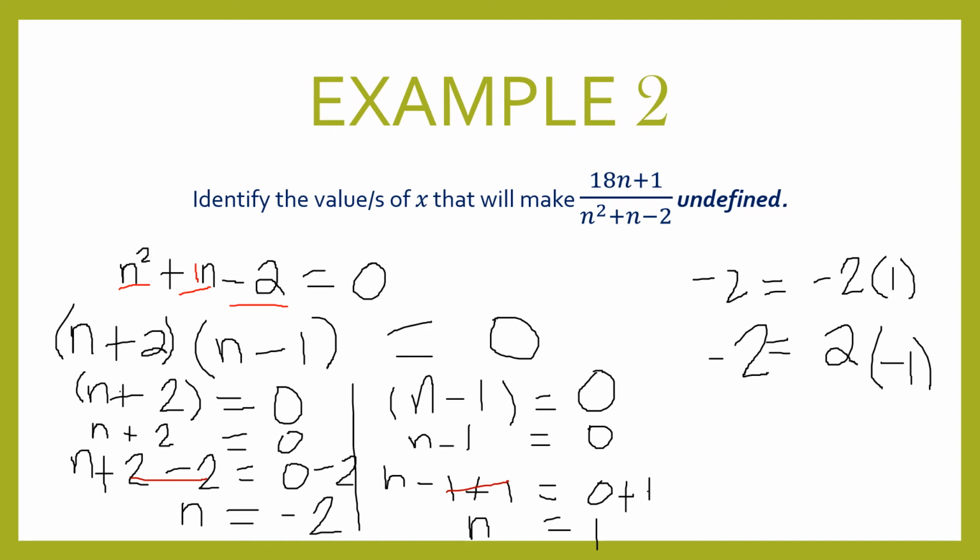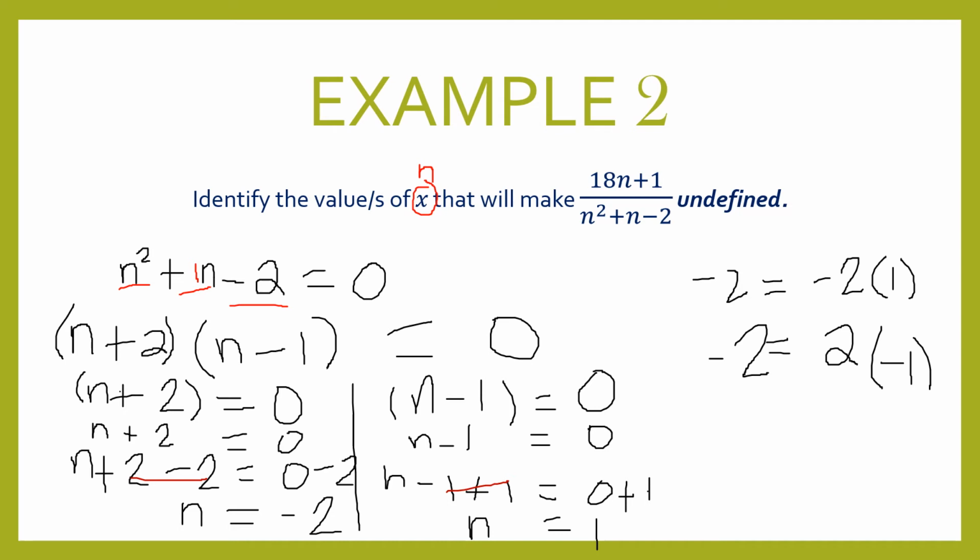Ma'am, bakit x nakalagay doon? So, x should be n. So, ang tinutukoy na x dito, yung nawawala. Ano ba yung nawawala dito? N. So, pwede natin siyang i-rewrite dito as n para hindi kayo malito. So, identify the value or values of n. N yan, hindi x. So, ano ba yung value na n na magiging 0?